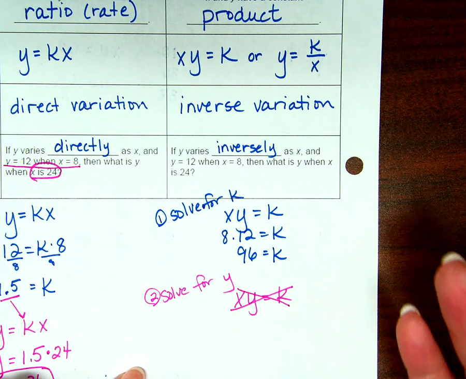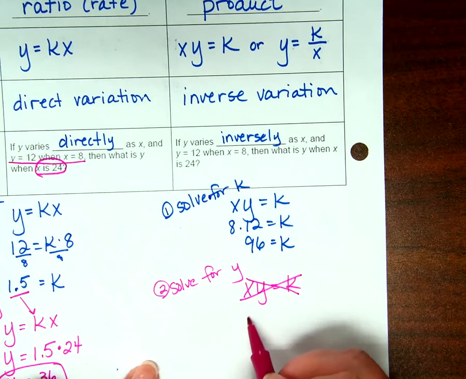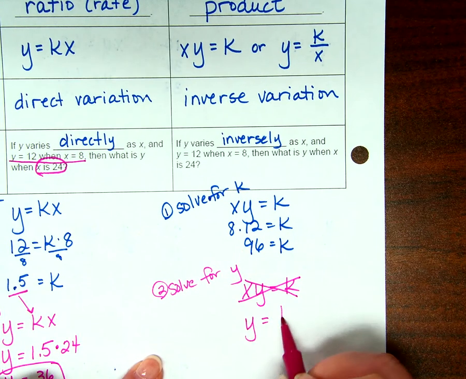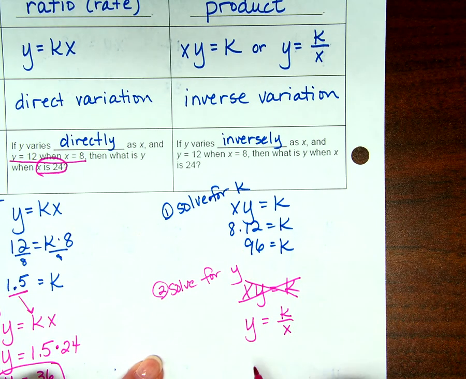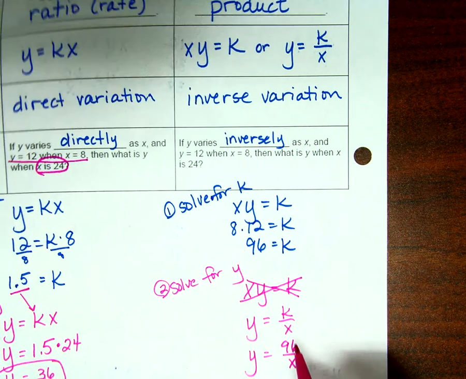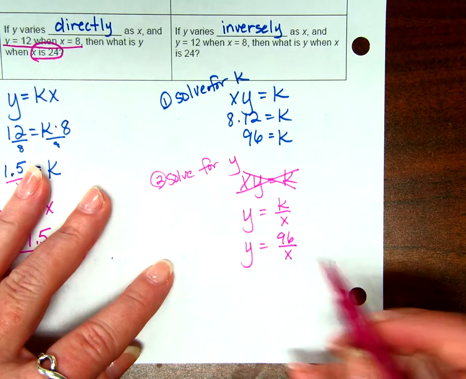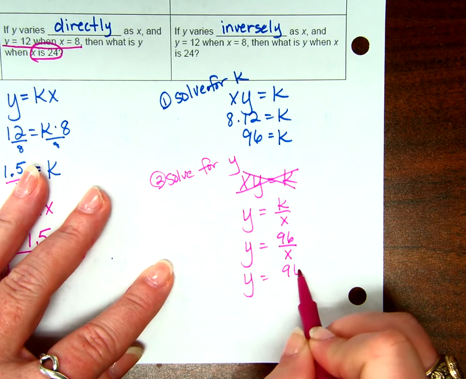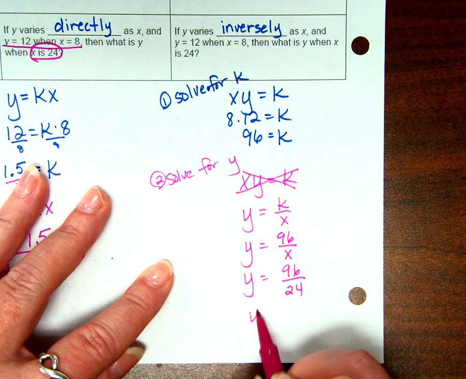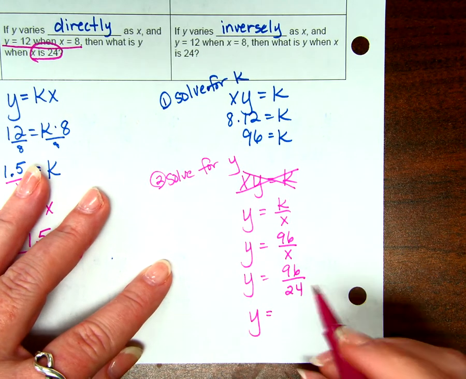I can, just adds another step. What I want to use this time is y equals k over x, because I know k is 96. Y equals 96 over x. And x is 24. So y equals 96 over 24.